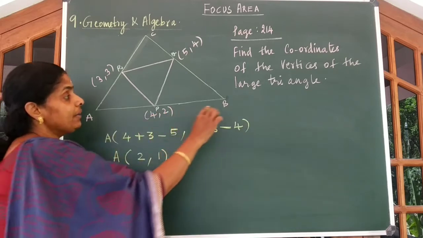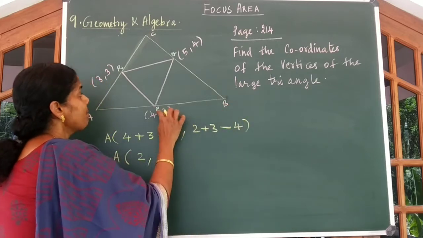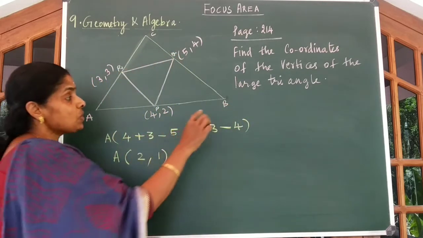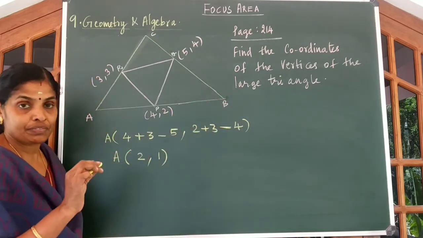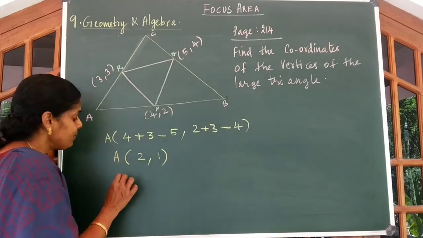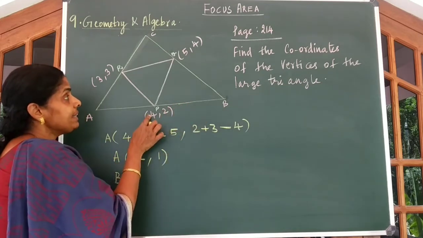Let us find out B. Again you can understand B, P, R, Q is a parallelogram. So to find the fourth vertex of the parallelogram, we use the same idea. To get B, again add the diagonal.